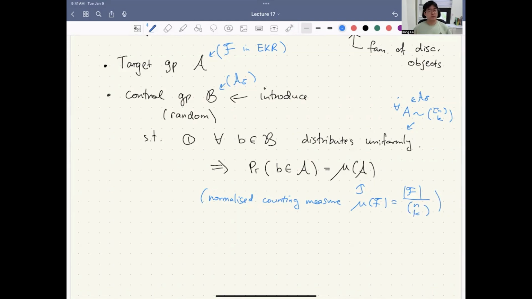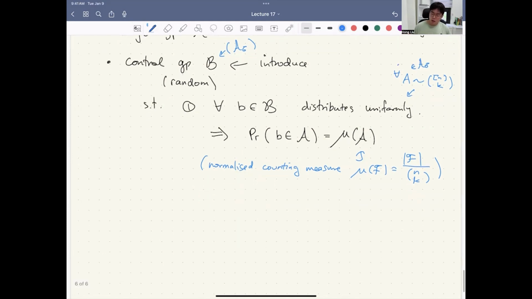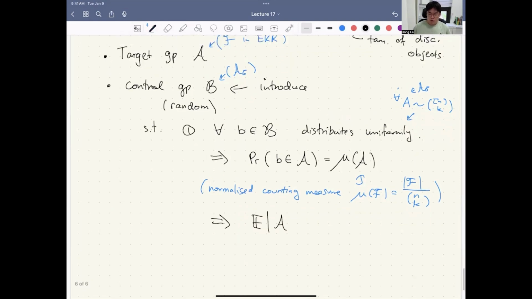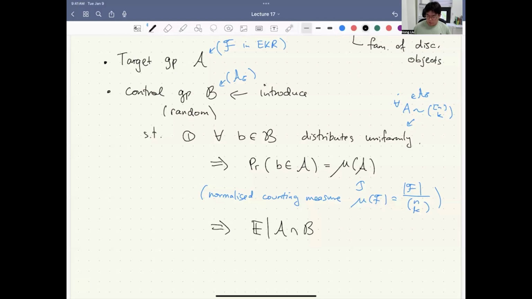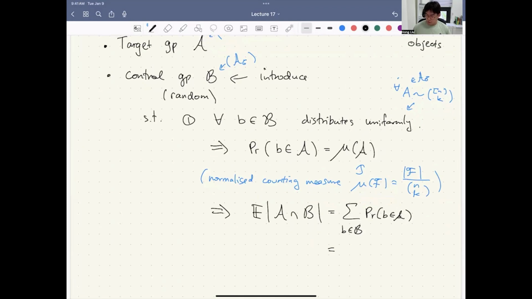But it could be a weighted setting, where the measure mu is not uniform over all k-sets. That's possible. What that implies is that we can compute how our target group intersects with the random control group. That's the sum over B in B of the probability that B lies in A, which equals the measure of A times the size of the control group B.